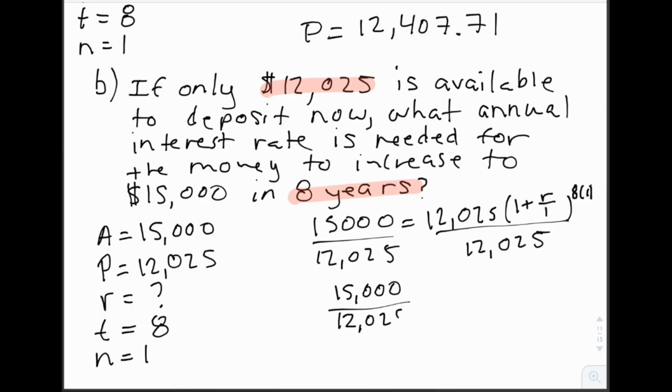So we are left with on our right hand side a 1 plus R divided by 1, which is just going to be R in this case, and that is going to be raised to the 8th power. So in order to get rid of the 8th power, we can go ahead and take the 8th root of our left hand side. So let's go ahead and do so.